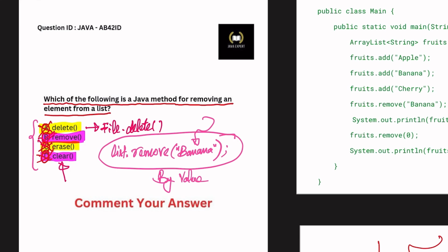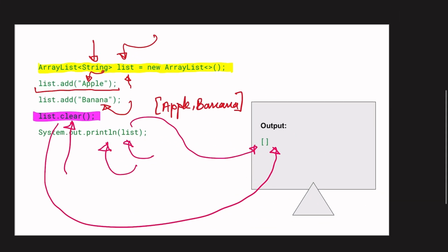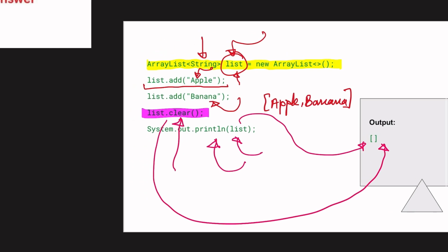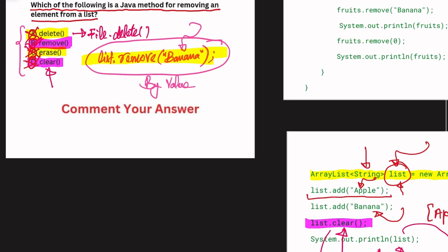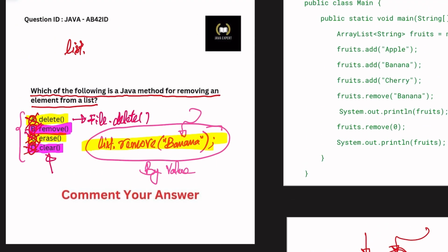This is the first way. Another way is by index value, you can remove an element from the list. How you can do that? Just let me show you. Okay, right here. List is an object which we have seen here. I'm giving you one example for understanding.